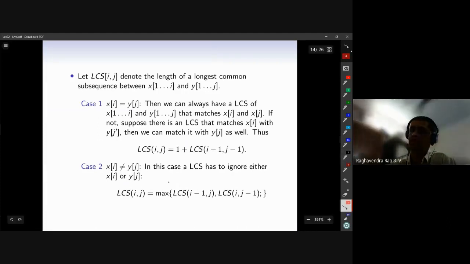You just write this as a recursive function. You check if xi is equal to yj, then you make this call, LCS i minus 1, j minus 1, and then add 1 and return this value. And if they don't match, then you make these two calls and return the maximum of the two.